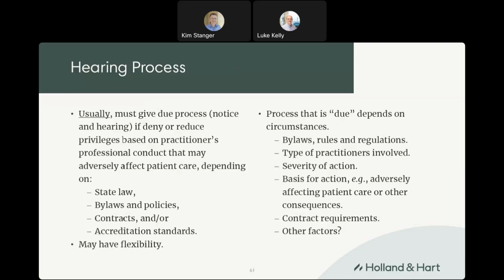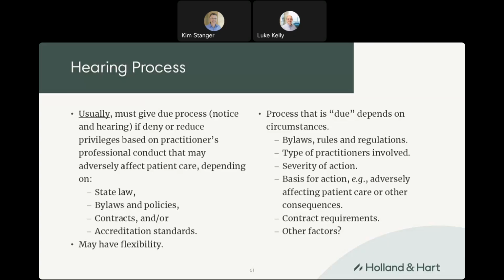All right. In the case of the hearing, if you do have to go to a hearing, make sure that you're complying with the applicable bylaws and regulations. Make sure in those situations that if you vary from that, you get agreement from the practitioner. Make sure that the hearing process that you go through is consistent with HCQIA standards if you're involving a physician.